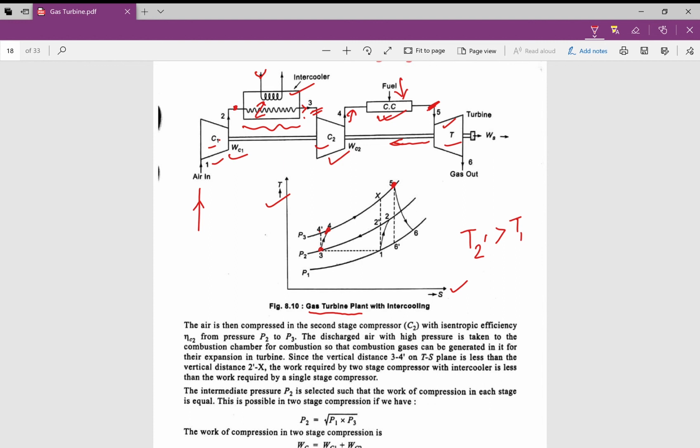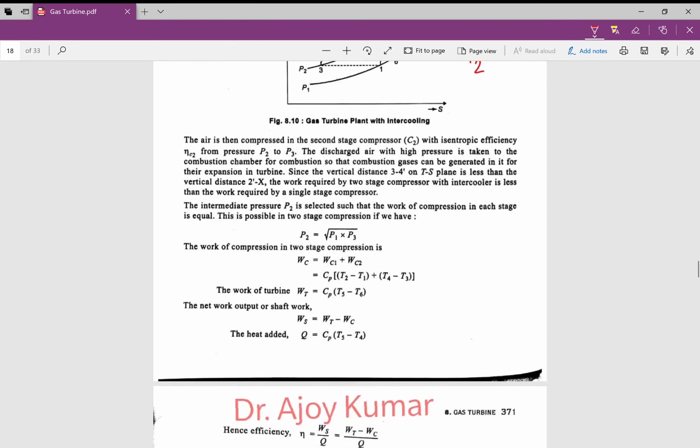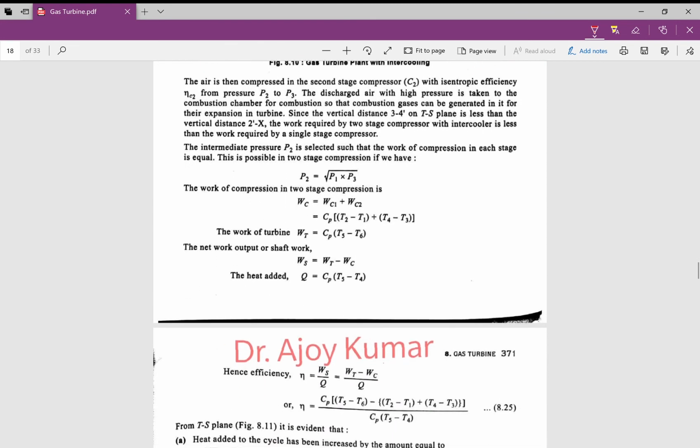Now this net work, that is turbine work minus WC1 plus WC2, this could be your net work, that we call WS, shaft work, which is used for our purpose to run a machine or a vehicle or any other shaft. So this is our intercooling with gas turbine.